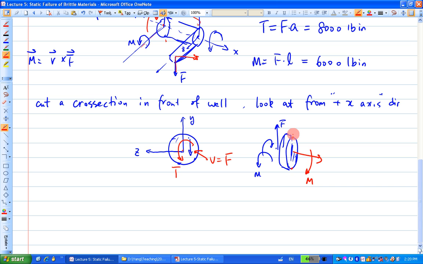So one is in tension, this is in compression, and on the neutral axis, in this case the z-axis, the bending normal stress caused by M is always what? On the neutral axis, it's 0, right? It's 0.